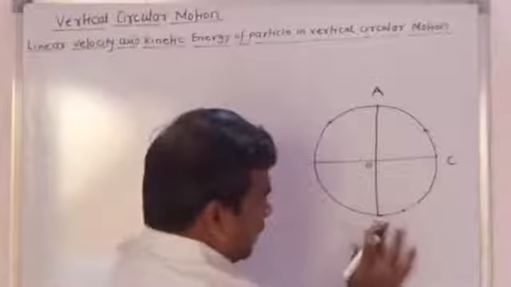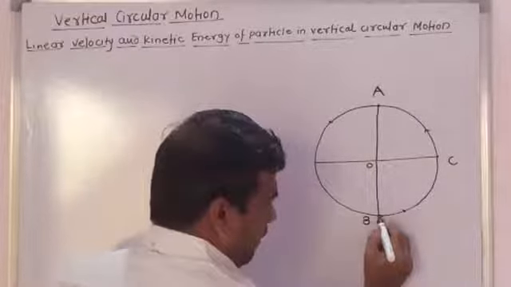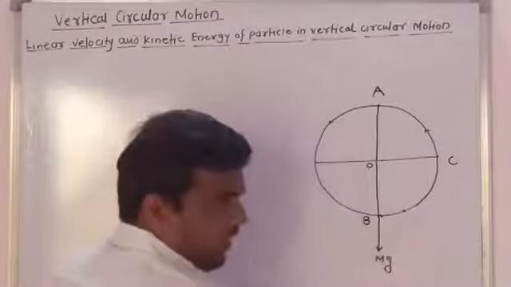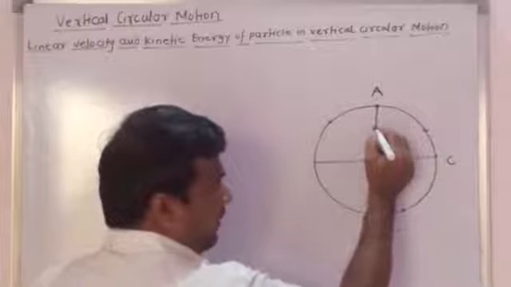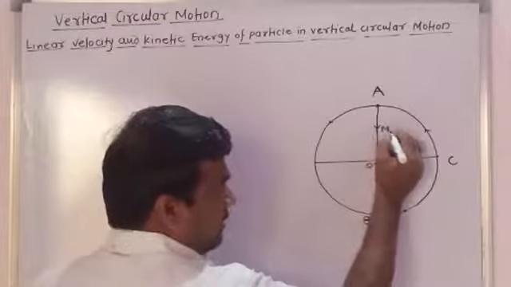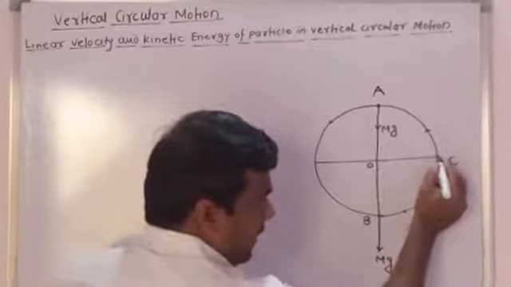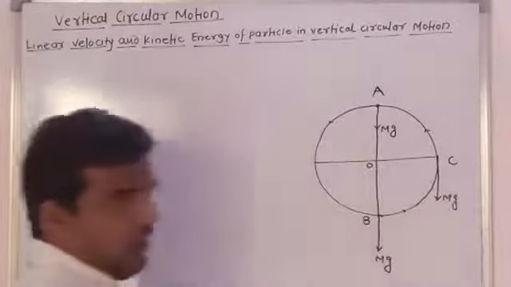At the lowest point B, the weight acting on the particle is mg in the downward direction. When the particle is at point A, the weight is also mg in the downward direction. If the particle is at point C, again the weight is in the downward direction.